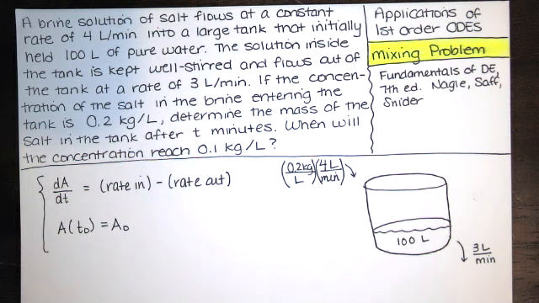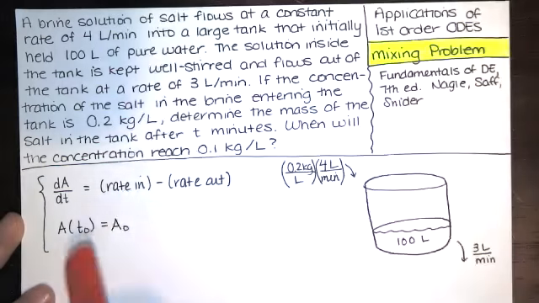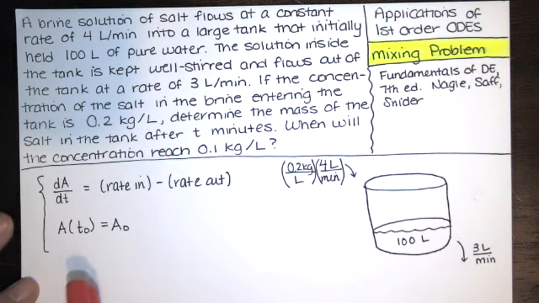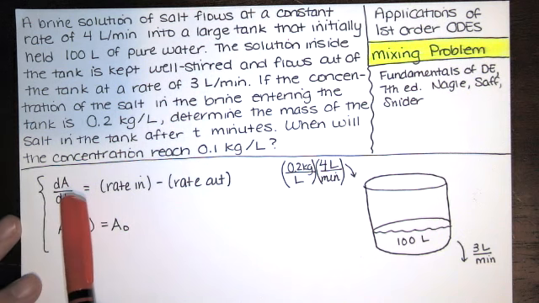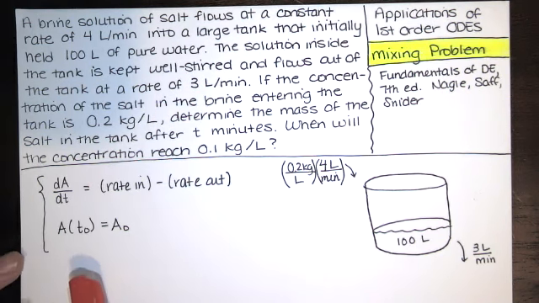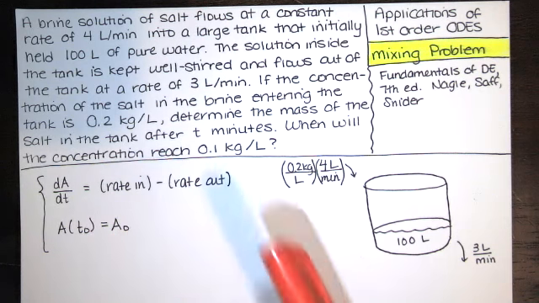Now, anytime you're dealing with a mixing problem, we're just going to use this very simple model. And it's really just a framework because we don't really have anything for this rate in or rate out yet. That's something that we need to come up with ourselves. But this is what it says. The model says that the rate of change of the amount of salt in the tank per unit time is just equal to the rate of salt going in the tank minus the rate of salt going out of the tank.